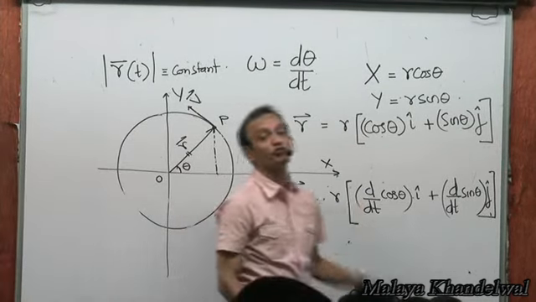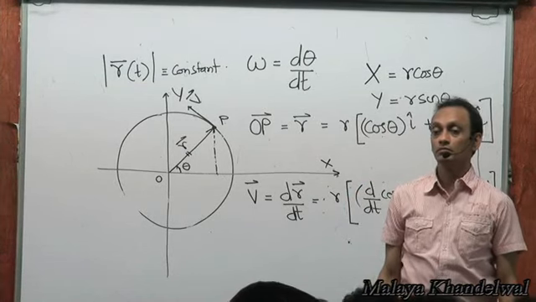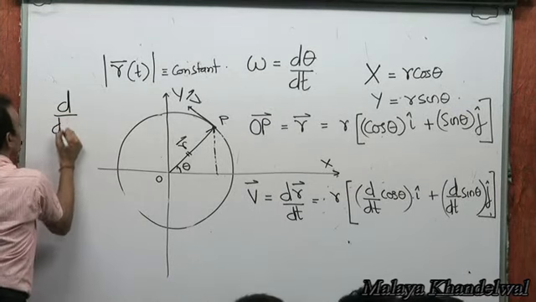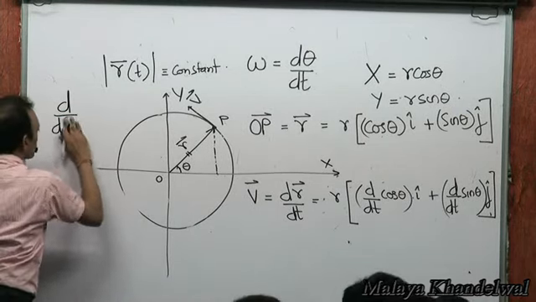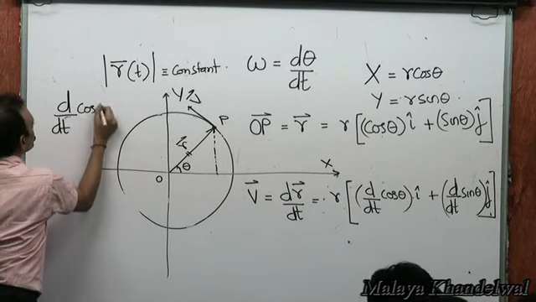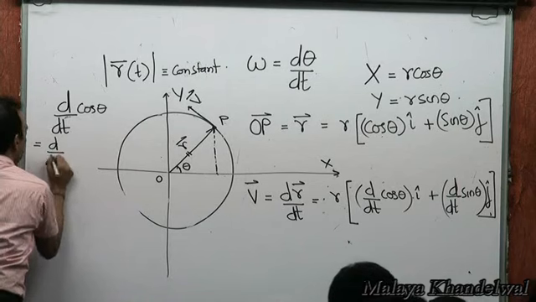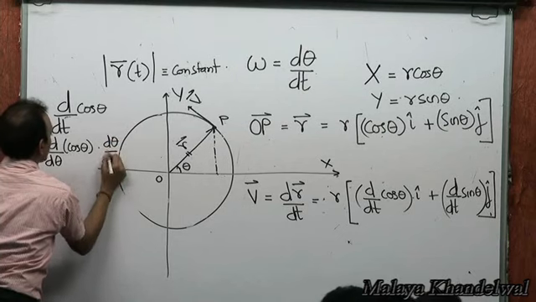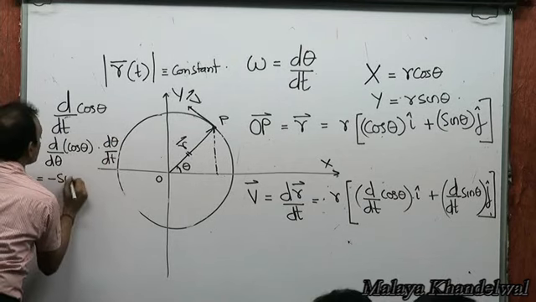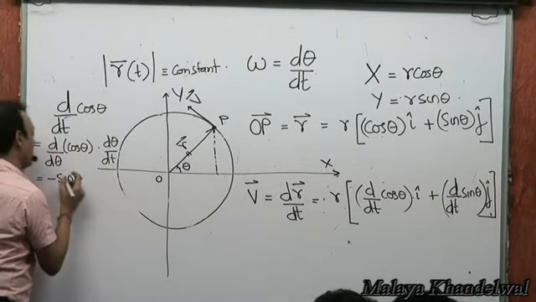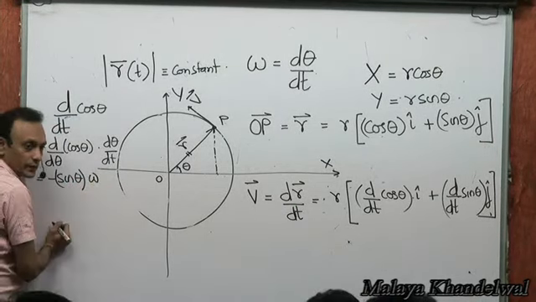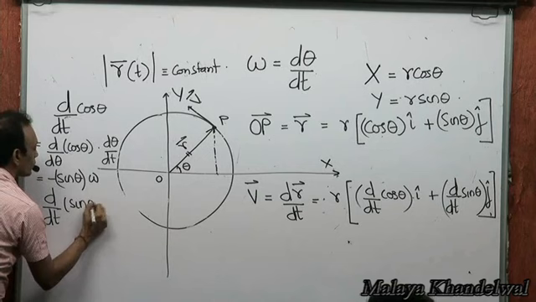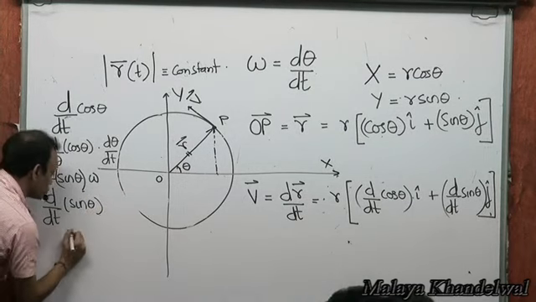Now, what is d dt of cos theta? See, d dt of cos theta is going to be, first differentiate with respect to theta, and then differentiate theta with respect to time. That's chain rule. So, which is like a minus sine theta. And what is d theta dt? Omega, the angular speed of the particle. Similarly, what is d dt of sine theta? Differentiate first with respect to theta. So, that's going to give me cos theta.